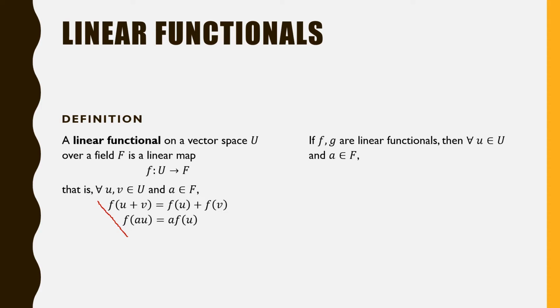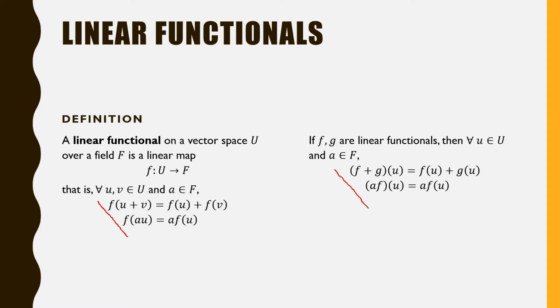Moreover, if you have any two linear functionals, f and g, then how they behave and interact together follows just general definitions of how functions behave. So for example, you can add two functions and that's defined normally. Or you can multiply a scalar by that function and it just multiplies all the values of that function by that scalar.